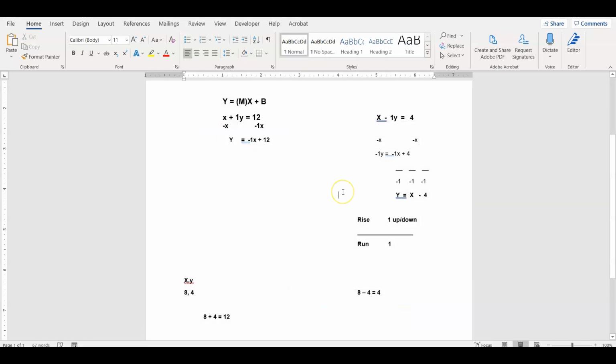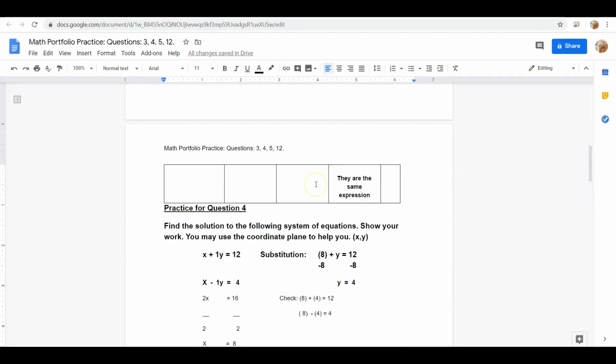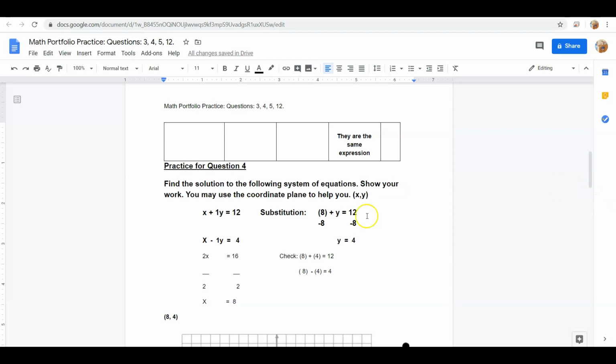So regardless of which method you use, you will be able to figure this question out. But I would definitely recommend, if you have trouble or if you're not used to converting these equations into y-intercept form, to just use the elimination steps that we used here. So if we have a positive y and then a negative y, and they have the same number and same variable like this, we could just use this process of elimination and then substitute later to figure out the value of y and figure out the value of x.